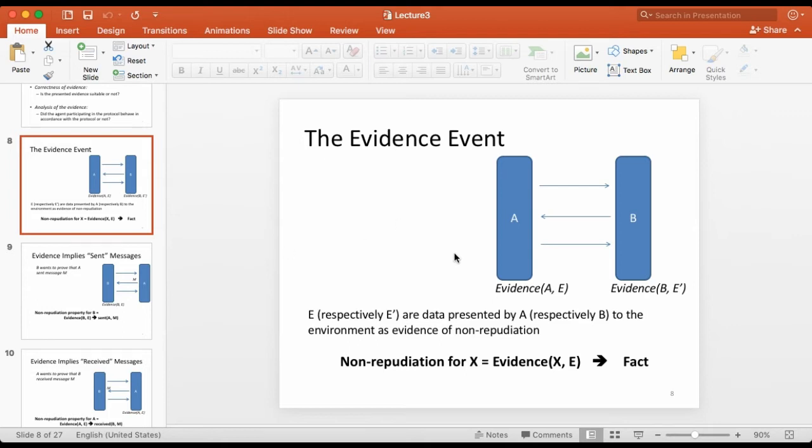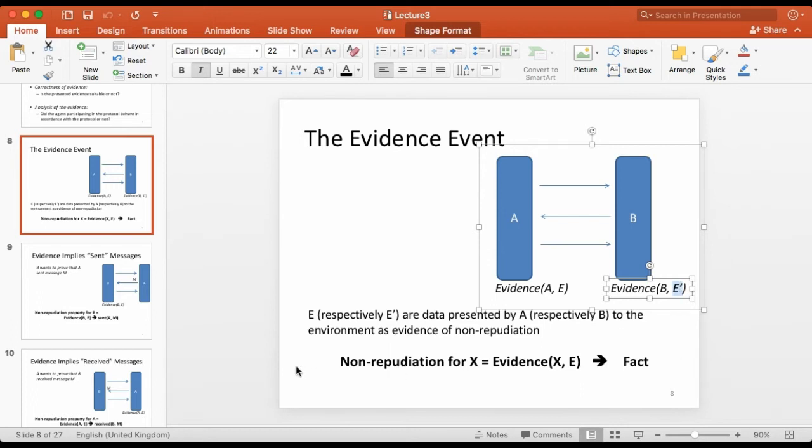So the format of that, the way we often write it, is as follows. We say that you have an evidence here for agent A, and evidence here for agent B, and agents A and B are the two participating agents in the protocol. And of course, the evidence itself will be different. A will have some evidence E, whereas B will have some other evidence E prime.